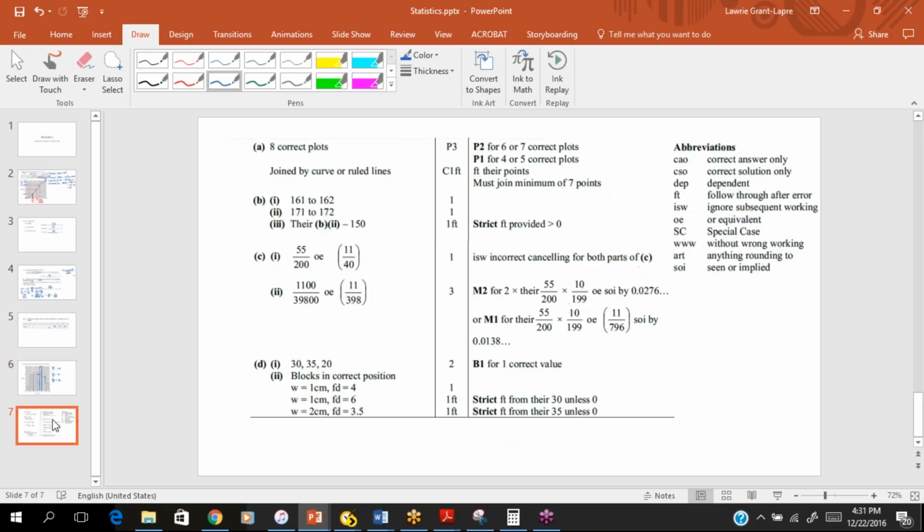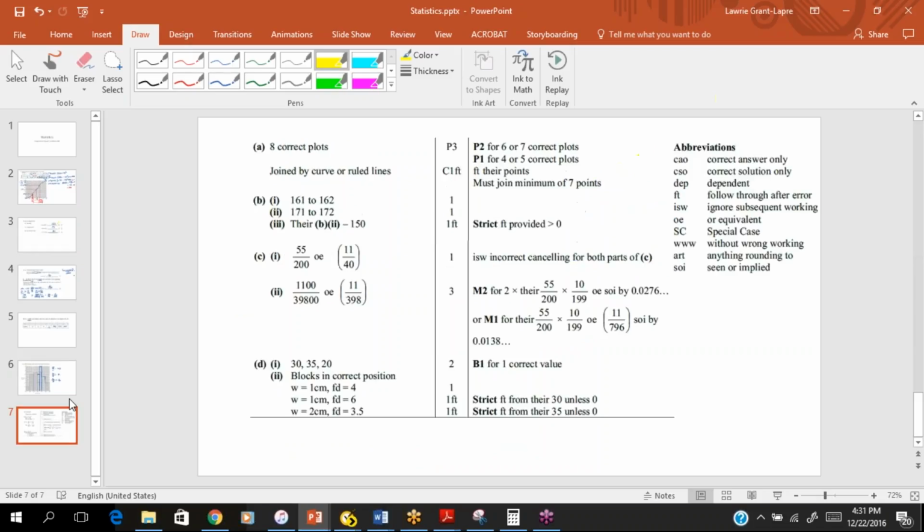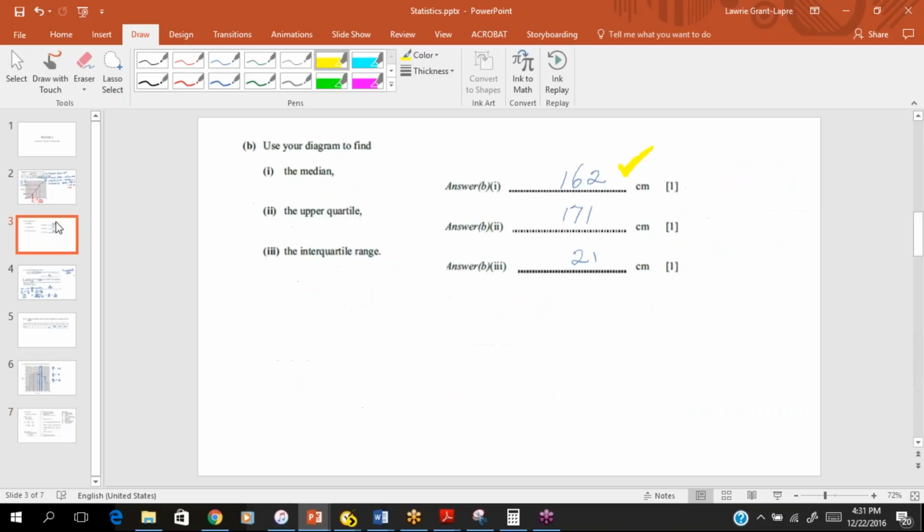And then we'll just check for part B, 161 to 162. Okay, we had 162. We had 171 or 172, so we had 171.